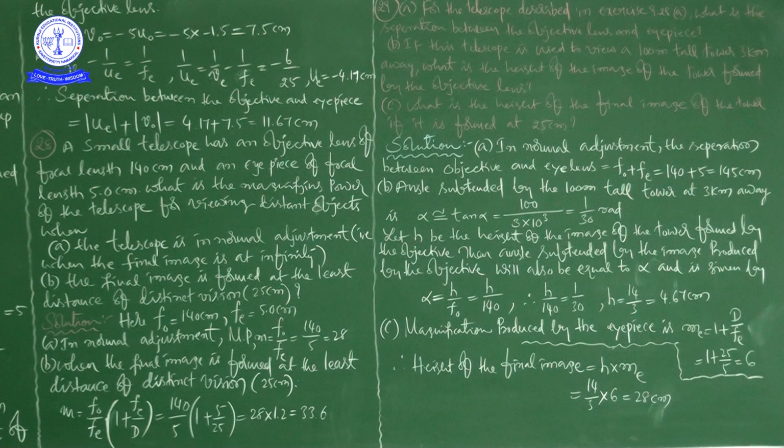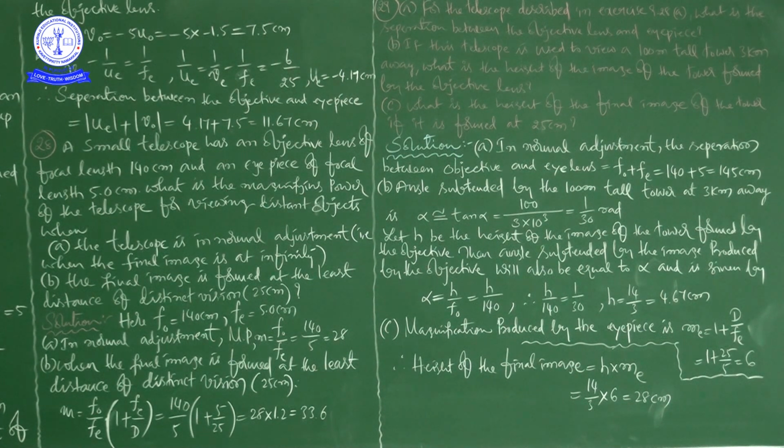In the next problem, he asked to find the magnifying power by giving f_0 and f_e, and the least distance of distinct vision is 25 centimeters, we know that. Using these, we found the magnifying power when the telescope is in normal adjustment, which we got as 28.